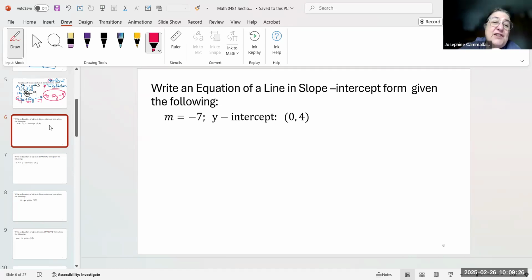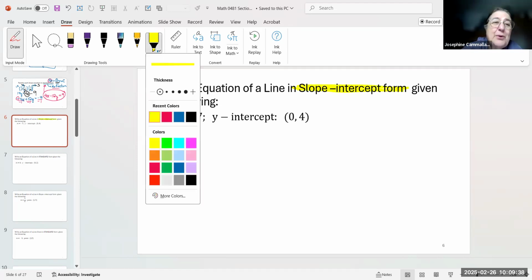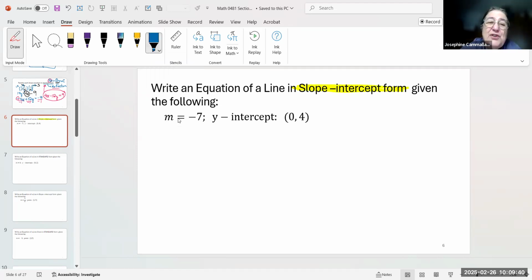Now notice it says write an equation of a line, and here's the catch, in slope-intercept form. Well, if you remember, slope-intercept form is y equals mx plus b.